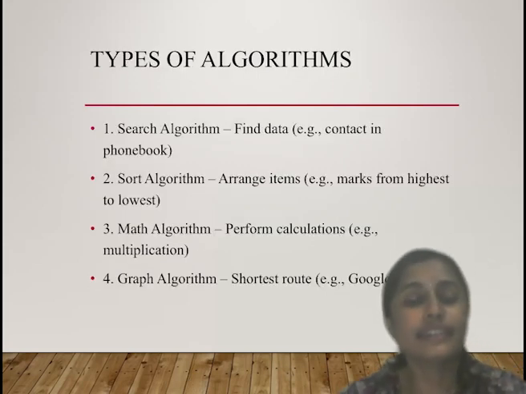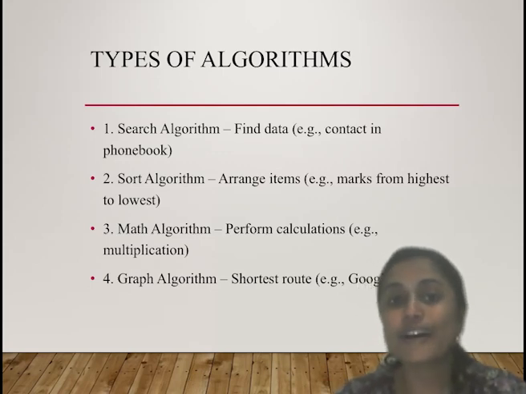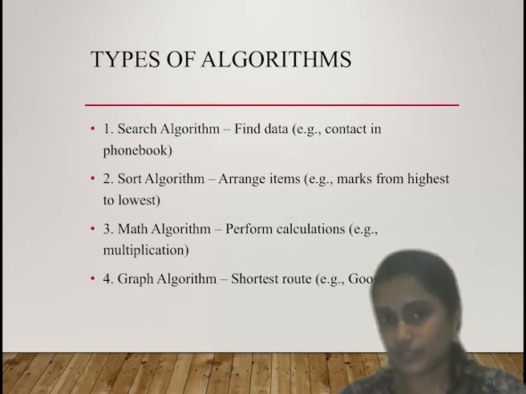When we discuss the types of algorithm, there are so many algorithms that exist. First one is search algorithm, sort algorithm, math algorithm, and graph algorithm. Search algorithm is used to find data. For example, we find contacts in a phone book by using a search algorithm. In the case of sort algorithm, we arrange items.